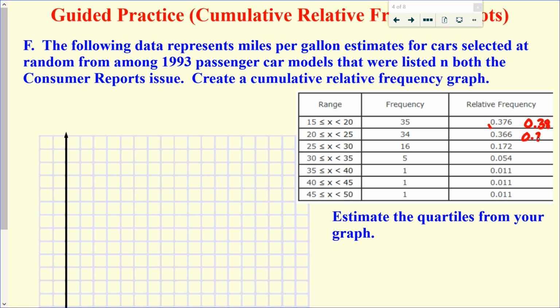So that is going to be 75. Now we're going to add 17. So it's 92. Adding 5 is 97. 98. 99. And 100. So there's our frequencies that we are going to plot in our graph.